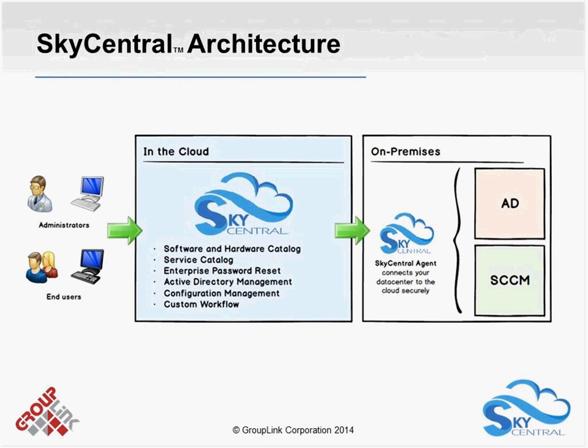So to wrap what you'll be seeing here, we have a portal which is hosted on cloud that both administrators and users connect up to. It is a cloud-to-site connection that allows us to talk to things such as Active Directory and Microsoft System Center Configuration Manager. Basically, this is just a small piece of code that you'd run on some Windows box somewhere in your firewall. It acts as the proxy to intermediate the requests that are being generated in the cloud for information that may need to come out of Active Directory, such as updating a password.